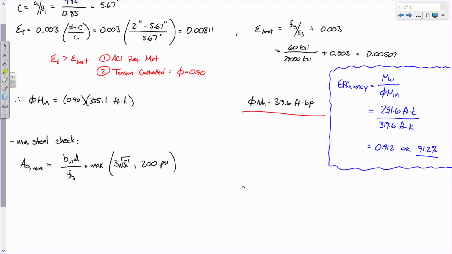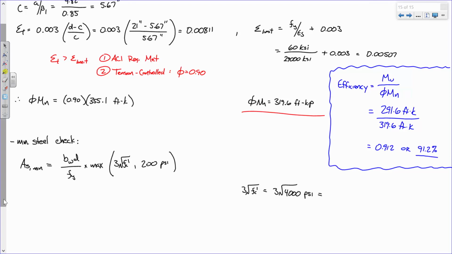So, 3 square root of f'c is 3 square root of 4 ksi. There, I was waiting for somebody to say, that is wrong. You put in psi, you get out psi whenever you see a square root of f'c. And so what is that?